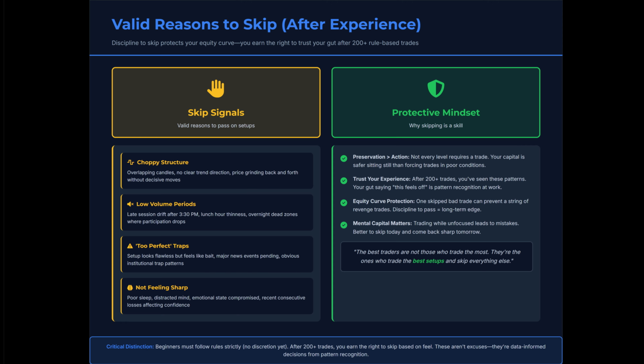Choppy structure means no edge. Your volume profile framework works because markets respect structure and fair value. When the market is chaotic and indecisive, structure doesn't matter yet. Trading in chop is gambling, not trading. You're taking random entries hoping to get lucky, not executing high-probability setups based on confluence.